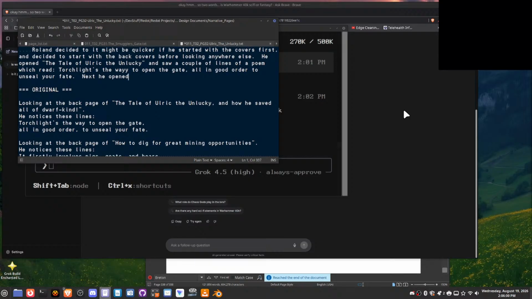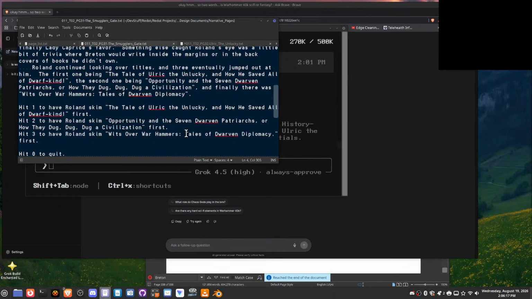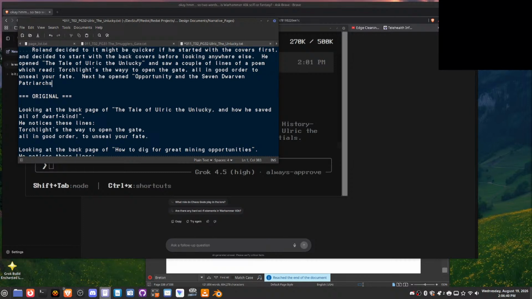he opened Opportunity, The Seven Dwarven Patriarchs.